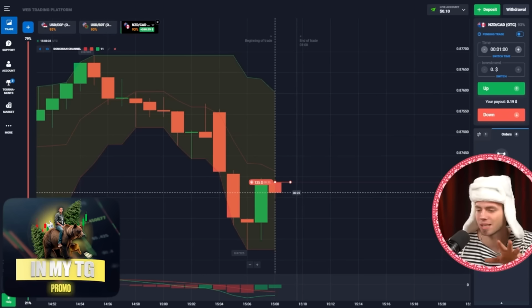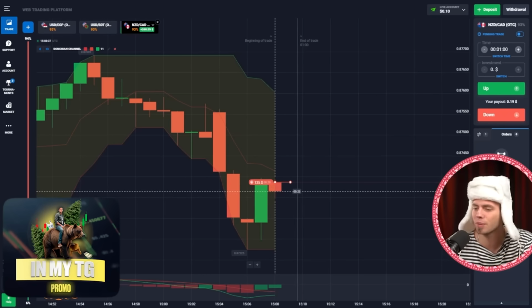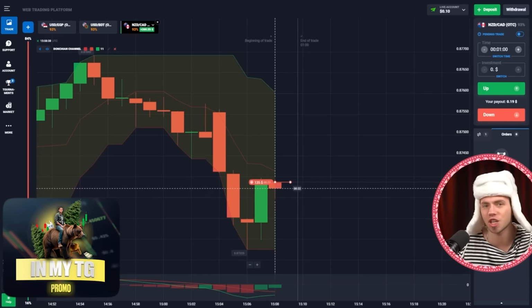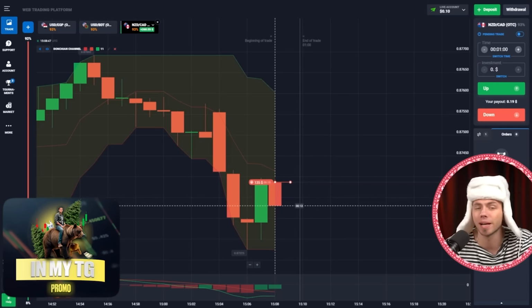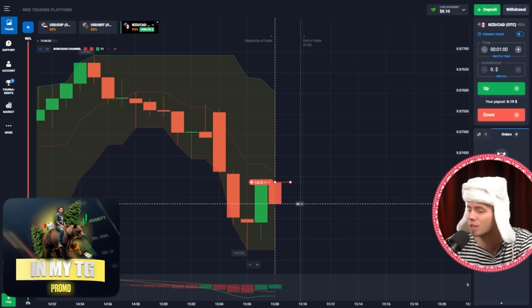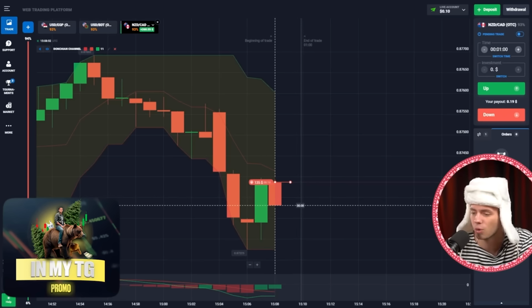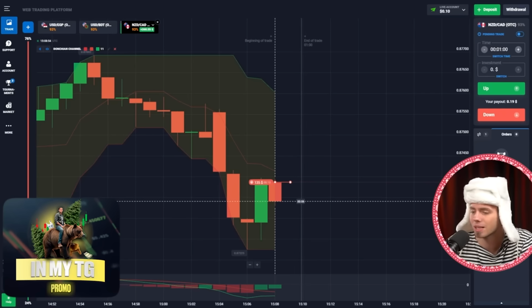Pretty similar situation, I can say, from some point of view, because here we also have this middle line of the channel, which is a very strong resistance level for us at the moment, and we had not enough power to break through it. That's why basically right now we will see the trend going down and the option going down. The price is still oscillating.